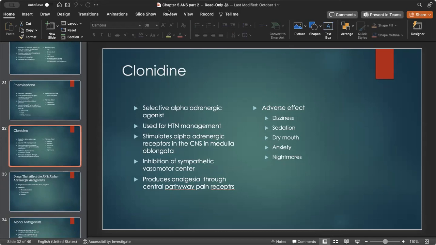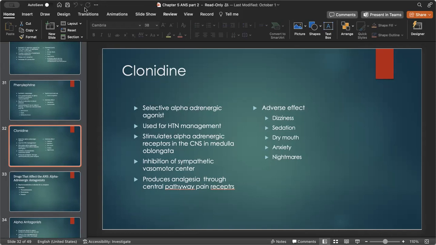So this drug is really good because it can treat hypertension by lowering the blood pressure. Sorry, my bad. This is actually one of those alpha 2 drugs.